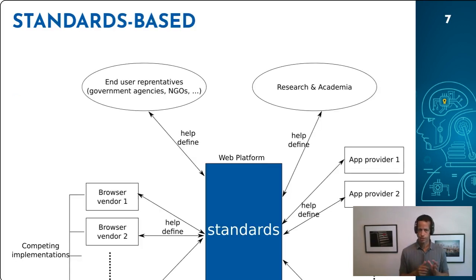A third important aspect is that all the technologies that constitute the platform are defined through open standardization processes, including naturally in W3C. And these standards are implemented in multiple competing products and are made available freely to developers and end users alike.